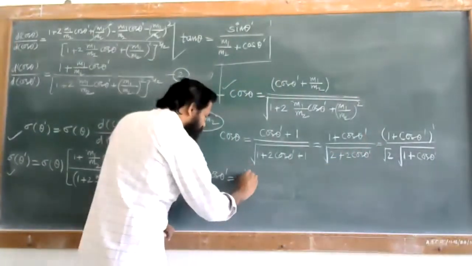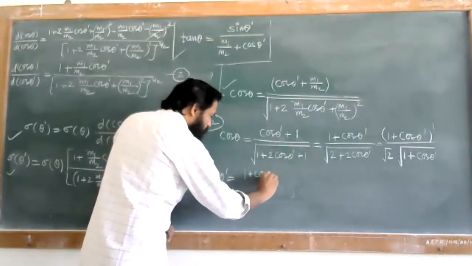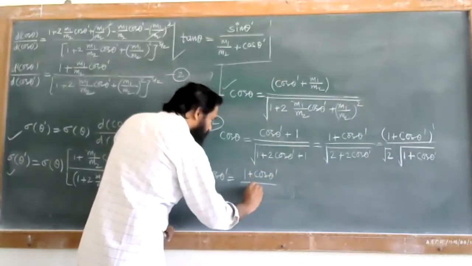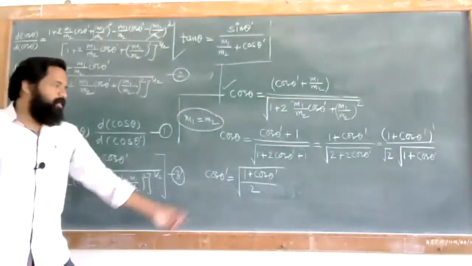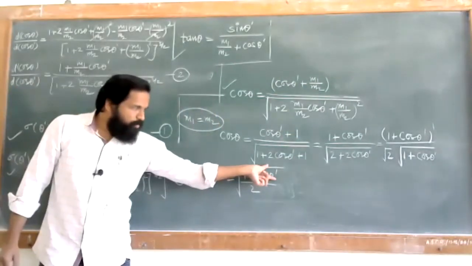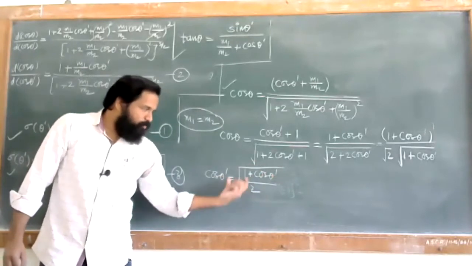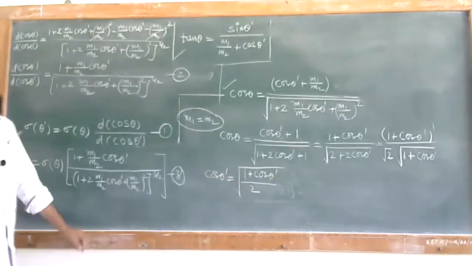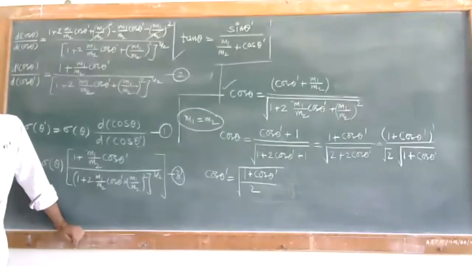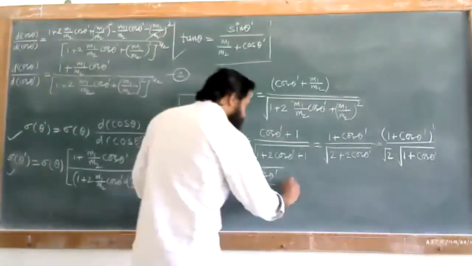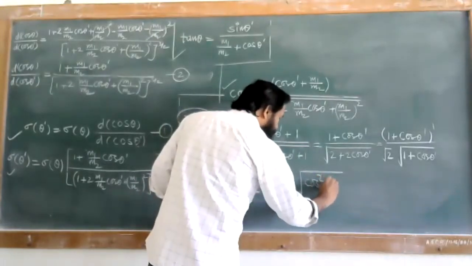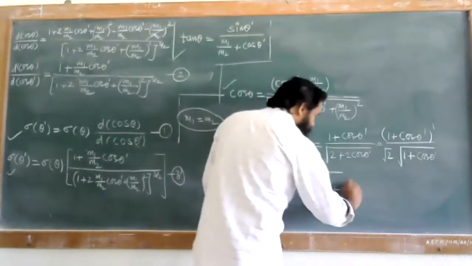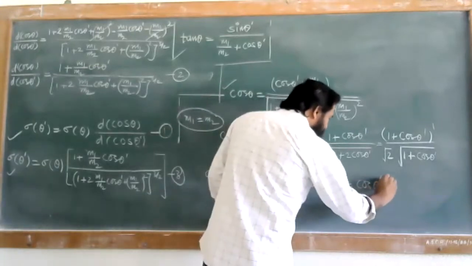So I can write this as 1 plus cos of theta dash divided by 2, and all the terms are in square root. So this is the square root of 1 plus cos of theta dash divided by the square root of 2. I can write it like this, the square root of 1 plus cos of theta dash divided by 2. What is that value? This value comes out to be the square root of cos square theta dash by 2. So this is cos of theta dash by 2.